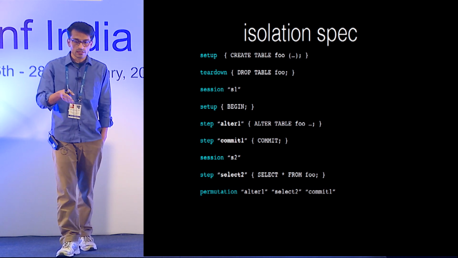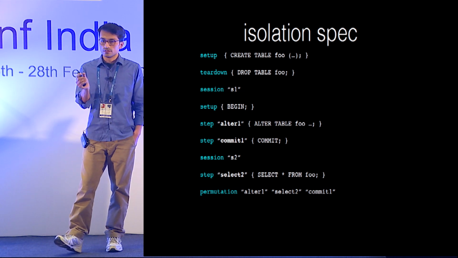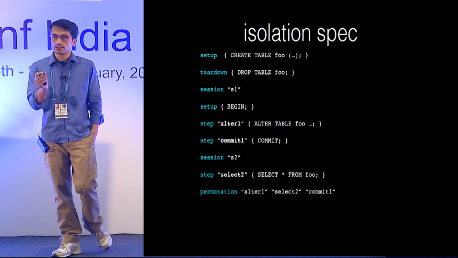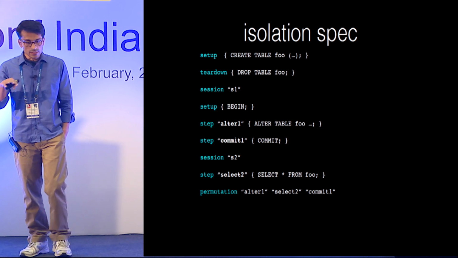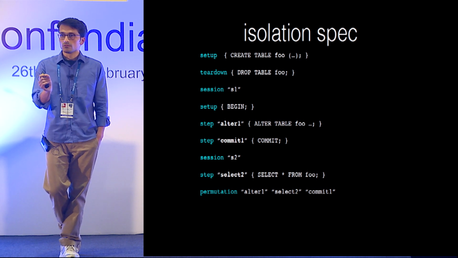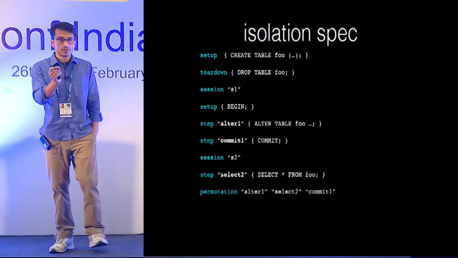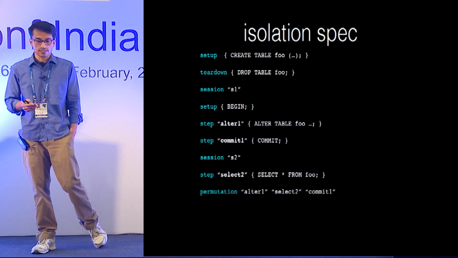And you can see that session S1 has 2 steps defined, and alter 1 and commit 1 are the labels for those steps. And at the end, the last line uses the labels of the steps to define a permutation, which is what you see on the last line.